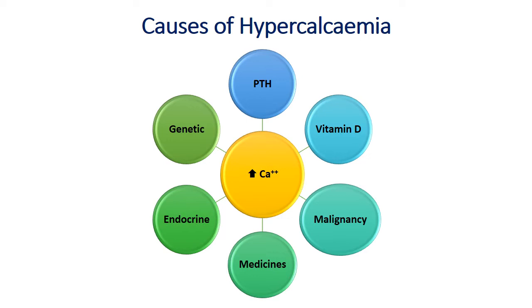Certain medications, particularly thiazide diuretics, theophylline, are known to cause hypercalcemia. Certain endocrine diseases by a variety of mechanisms, including acromegaly, hyperthyroidism, pheochromocytoma, and adrenal insufficiency, are known to cause hypercalcemia.